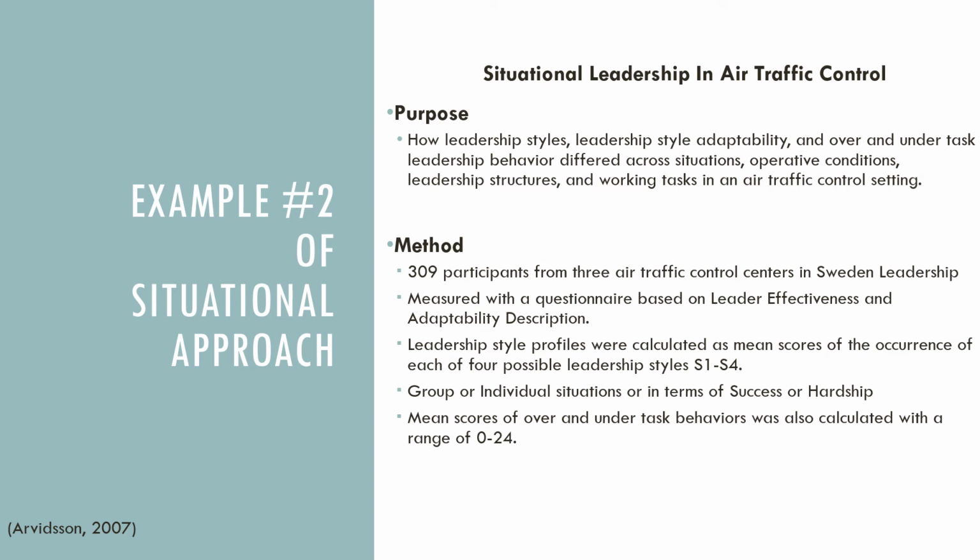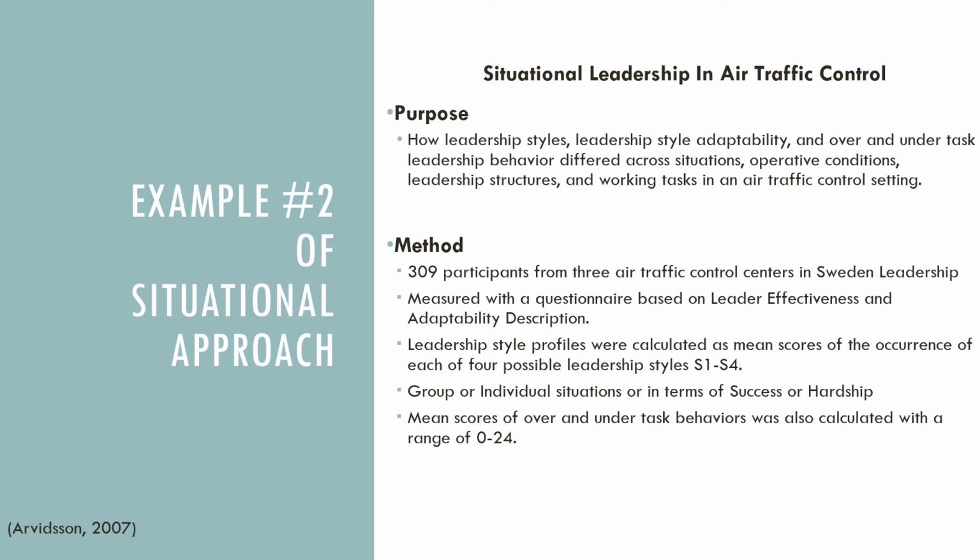Leadership was measured with a questionnaire, and the questionnaire consisted of 32 items that reflected different situations. So for each study location and for each type of situation, the leadership style profiles were calculated by a mean score for each of the 4 possible leadership styles, which was S1 through S4.